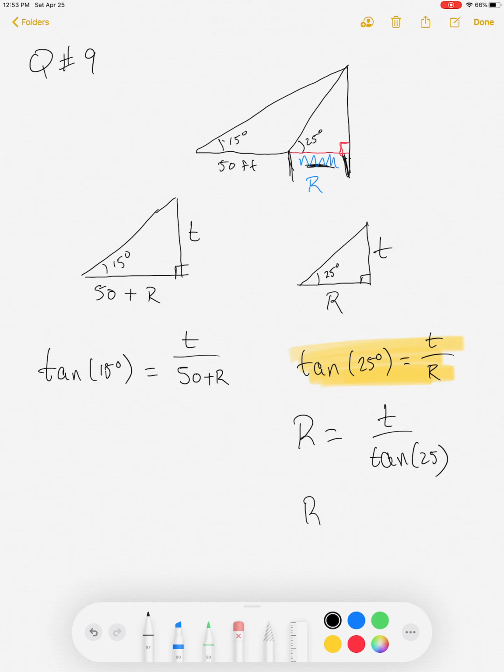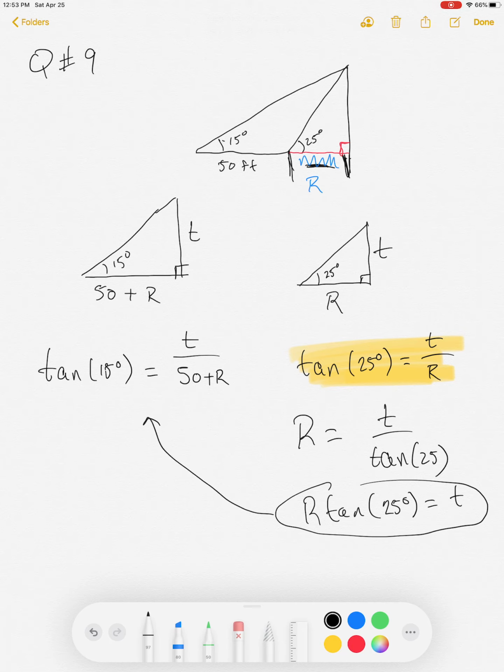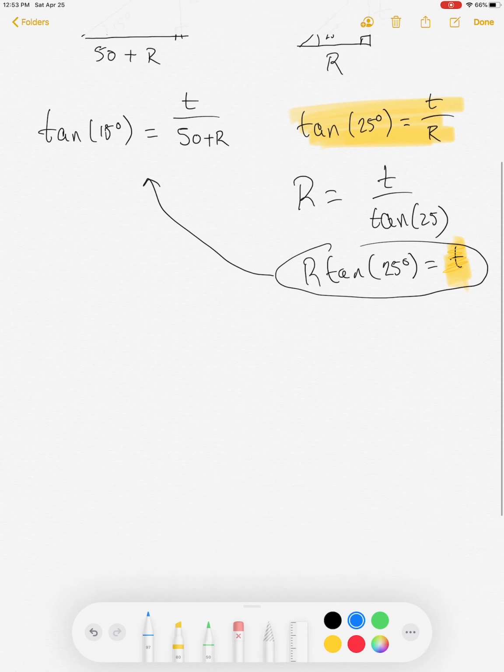So R times tangent of 25 degrees equals T. Either way, it doesn't matter. I'm going to take this and plug it into the other equation. And the reason solving for T is better is because then I have just R's in the other one, which is what I'm trying to find, right? Is the width of the river.